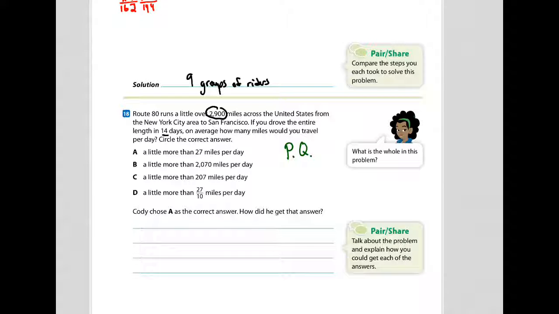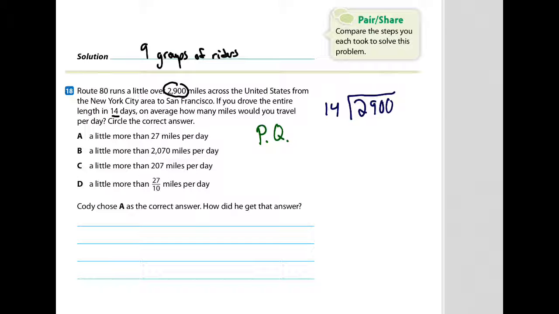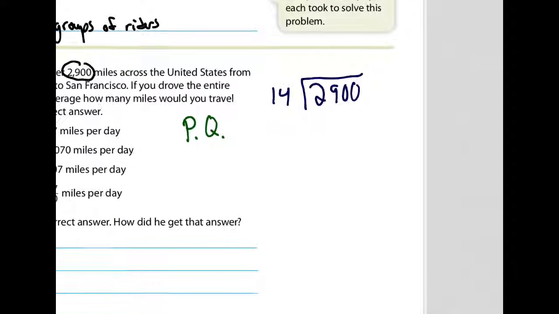So the first thing I'm going to do is set up my division problem. Okay, so I have my division problem started. Now, remember, 14 times 1 is 14. So that means 14 times 10 is 140. So if I did 14 times 2 is 28. 14 times 20 is 280.